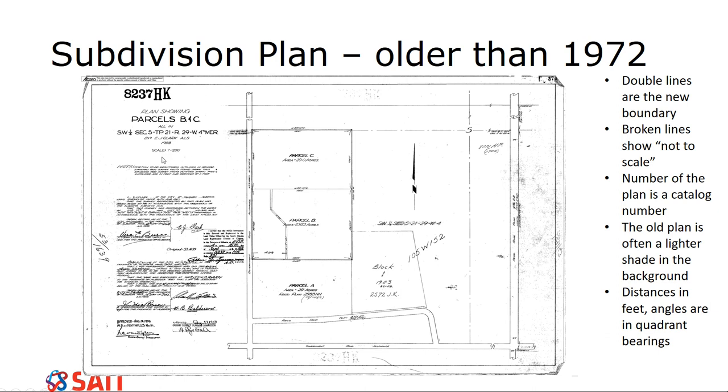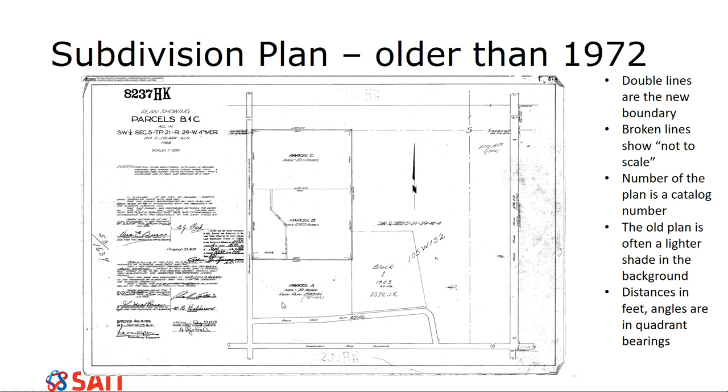That's also important to note because there's your mathematics that you can use. And then when we look over here, we have double lines. These double lines are the new boundaries, identifying the area that they put in. If they found a post, there is a black dot.